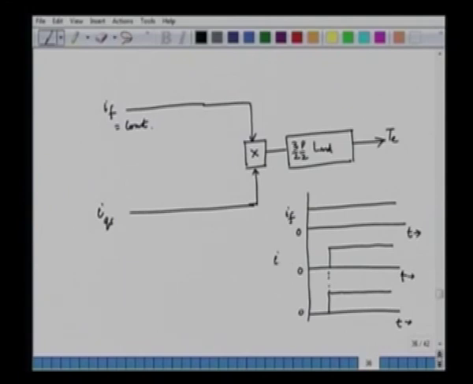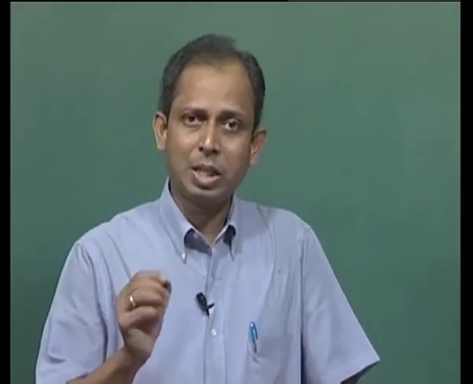This is IQS and this is the torque. That is why the vector control drive has very good dynamic response. One of the advantages of using vector control drive is that the dynamic response is very fast. The torque changes immediately when we change IQS because the field current is kept constant, just like a DC machine.